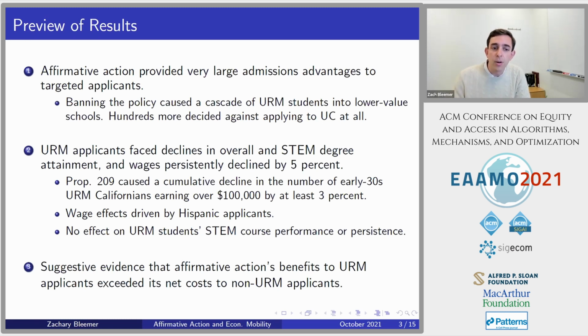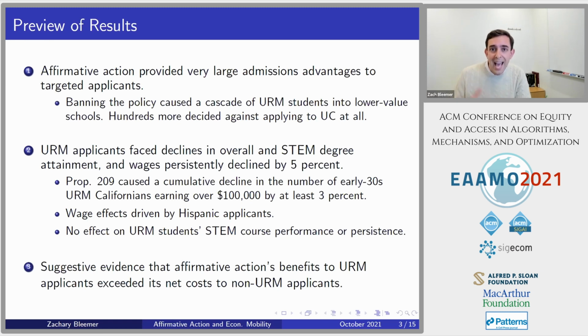And as a result, those URM applicants face substantial declines, both overall in terms of degree attainment at the undergraduate and graduate level, and in terms of STEM degree attainment at both of those levels. And they saw persistent wage declines on the order of 5 percentage points in the reduced form across all Black and Hispanic young California college applicants that persisted at least 15 years beyond the policy implementation.